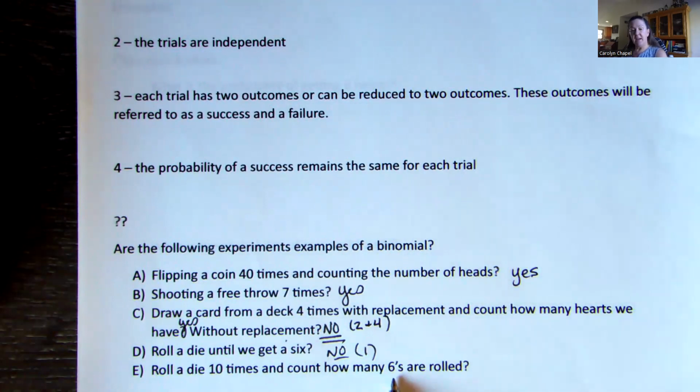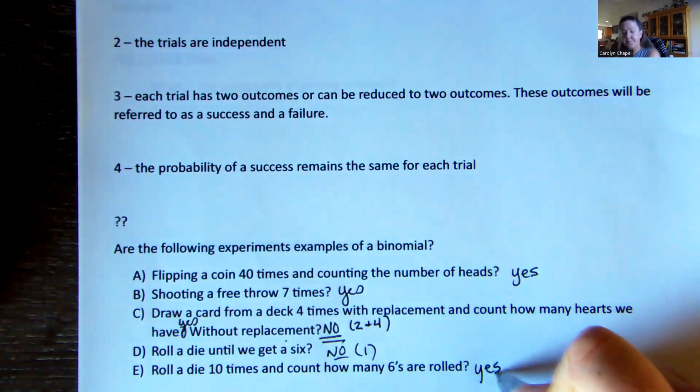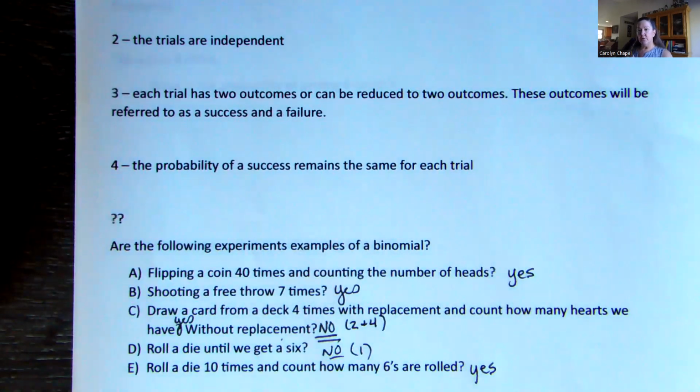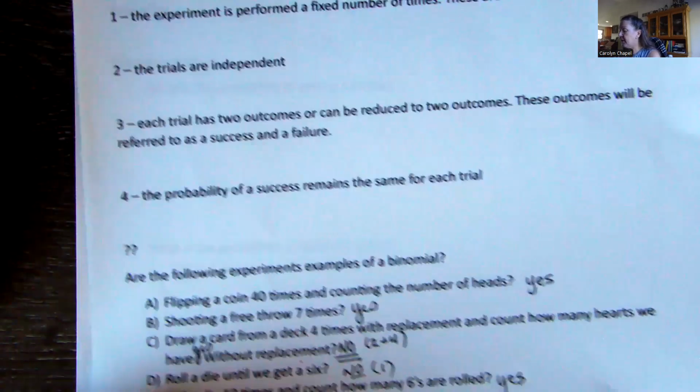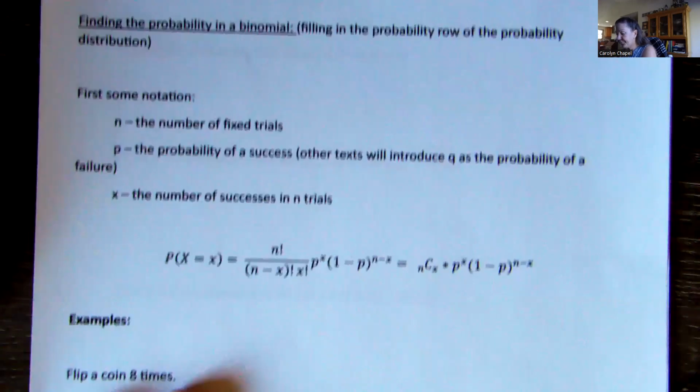And the probability of getting a 6 is always, provided we continue to use the same die, 1 out of 6. So this one would also be a yes. Okay, so there's 4 things we kind of have to think through to see if it is a binomial. And then once it's a binomial, we have some nice things that happen.